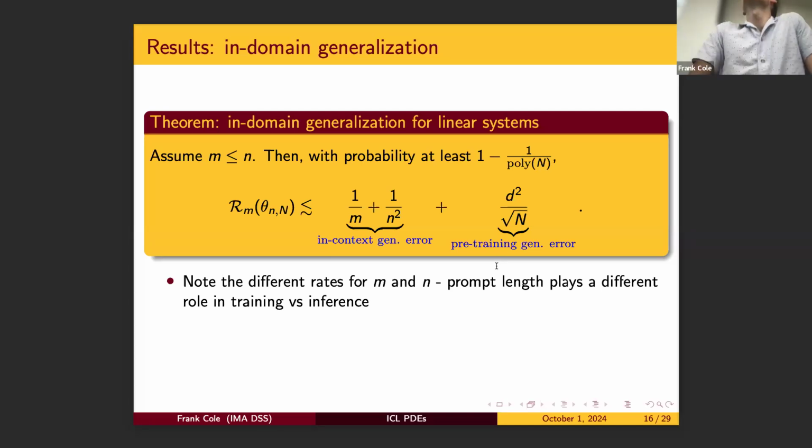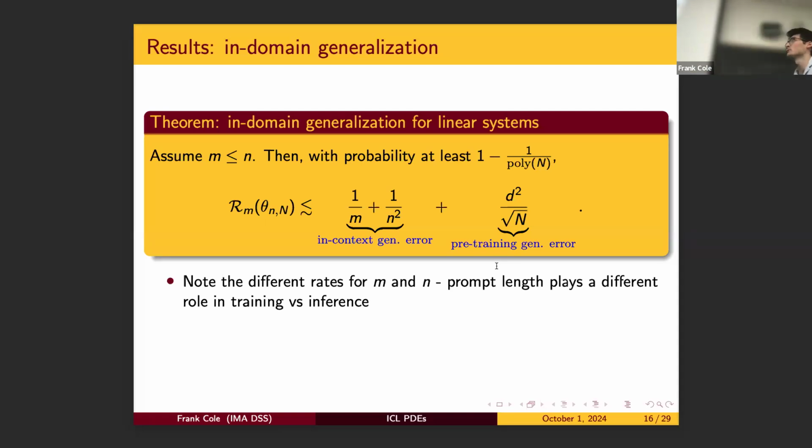Just forgetting that I didn't answer this before: in general, can people prove lower bounds on the generalization? In general, for supervised learning, you can generally prove lower bounds in terms of the function class you're trying to learn. If you're learning a Lipschitz function in high dimensions, then the sample complexity is like 1 over n to the 1 over d, and that's generally optimal in the sense that you have a lower bound.